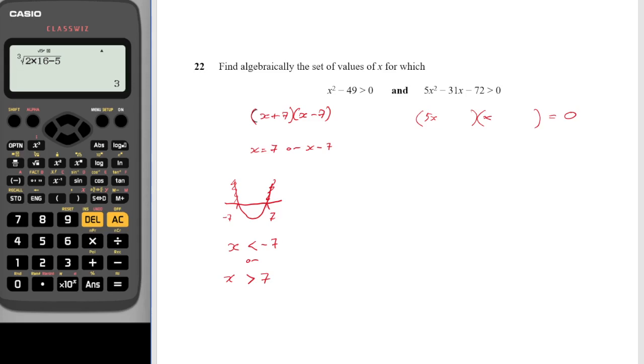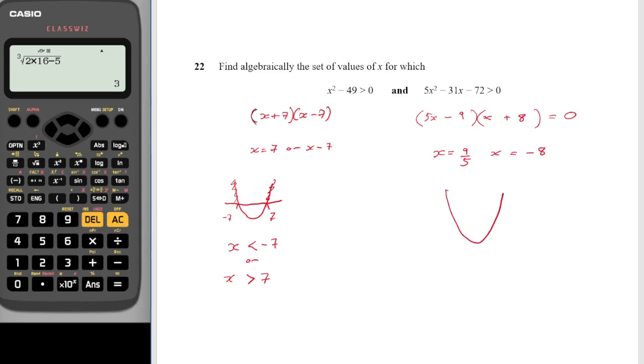Let's think, if we do 8 and 9, then 5 times 8 is 40 minus 9, so yeah, that does factorize. So we've got plus 8 there and minus 9 there, giving us two values, either x is equal to 9 over 5 or x is equal to minus 8.